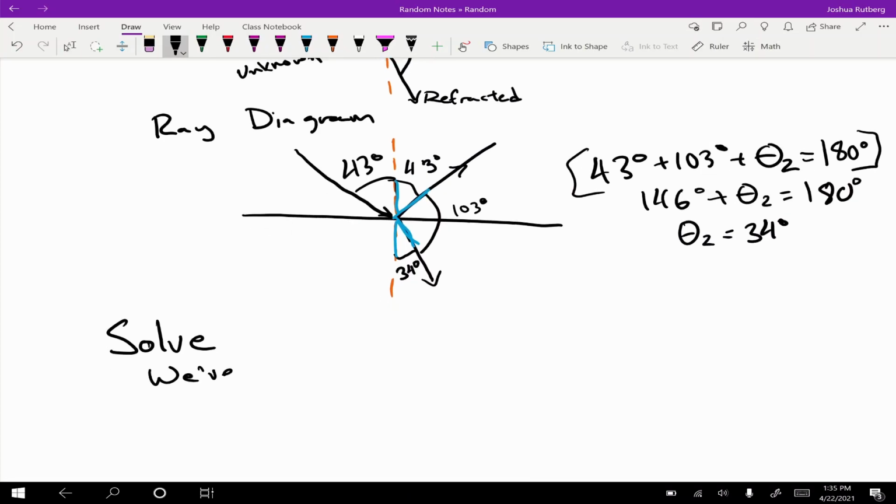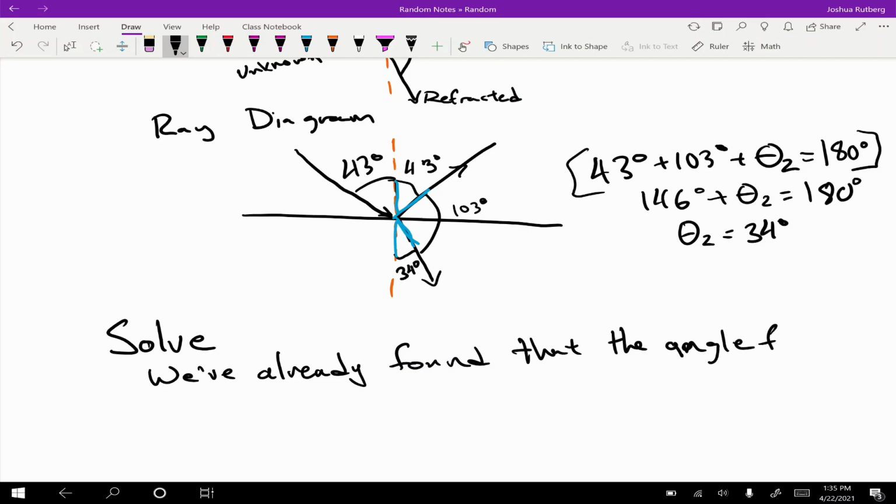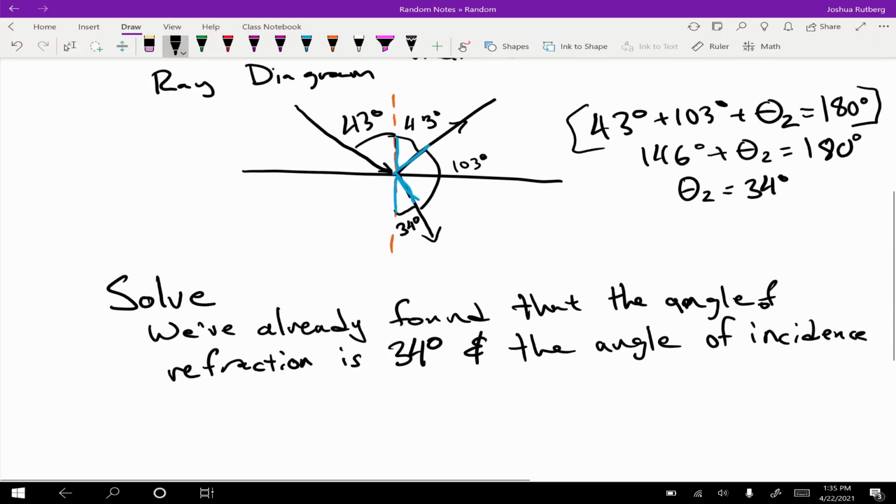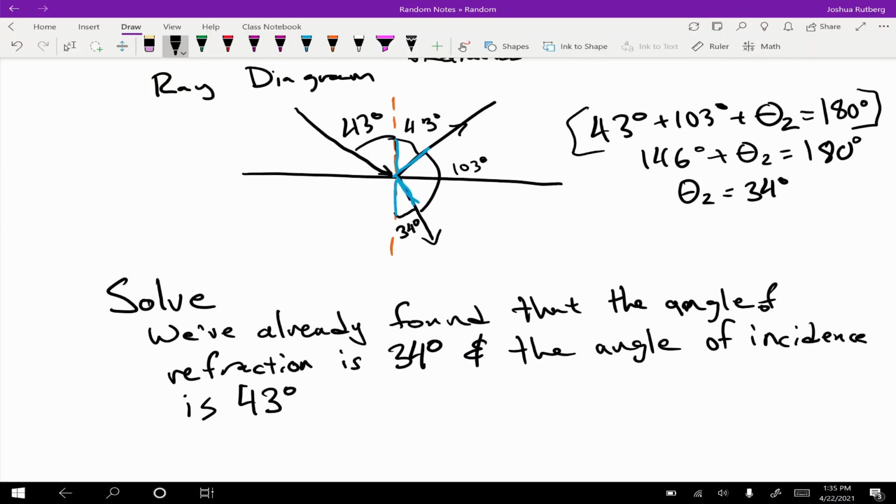We've already found that the angle of refraction is 34 degrees, and the angle of incidence is 43 degrees.